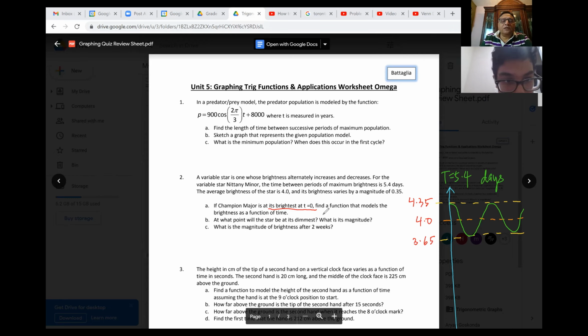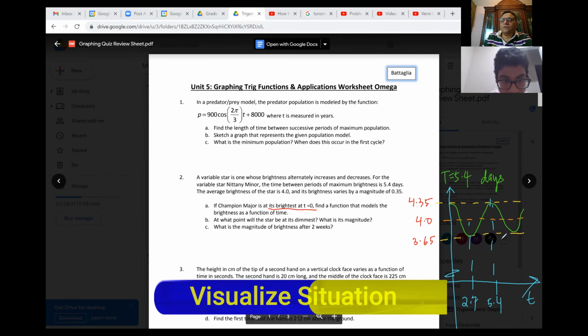Find the function that models the brightness as a function of time. So this is time for us, right? So let me just draw roughly the axis here. Let me break the axis because I'm not making it to scale at all, and we'll work in this area. Now, we also know that one particular cycle is basically 5.4, right? So half of this is how much? 2.7, correct? 2.7. So we have sketched our graph.